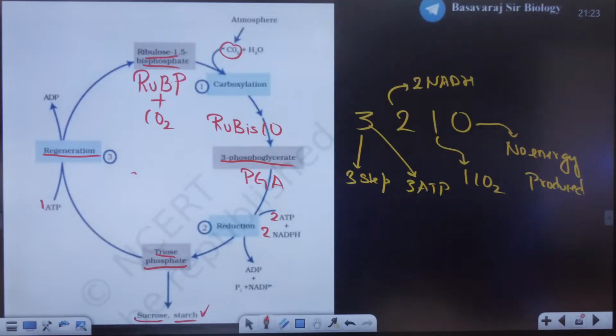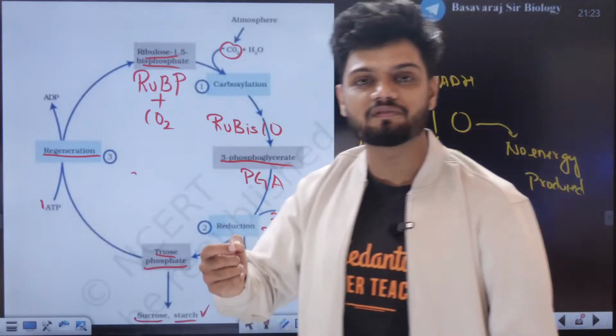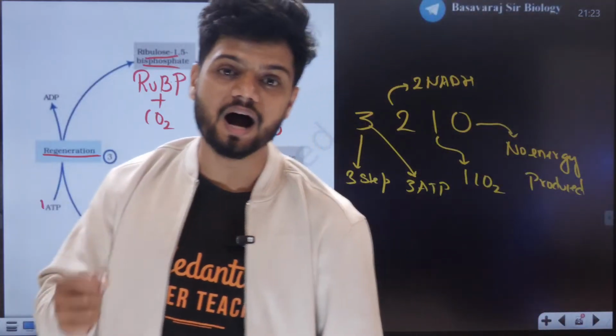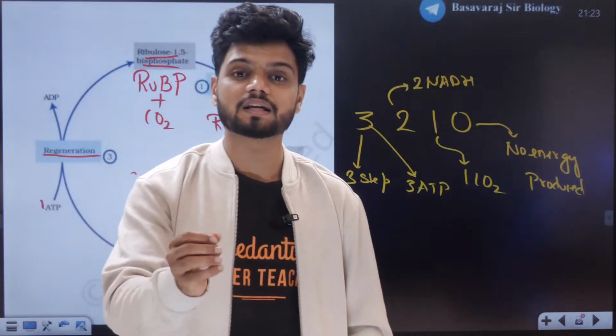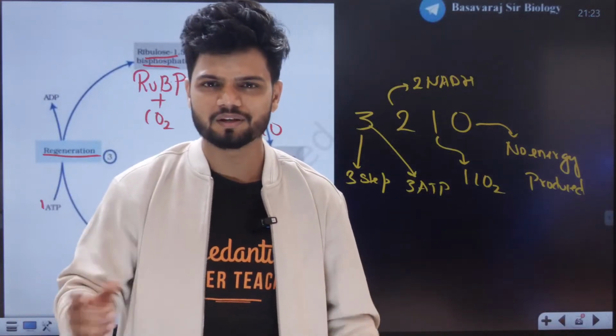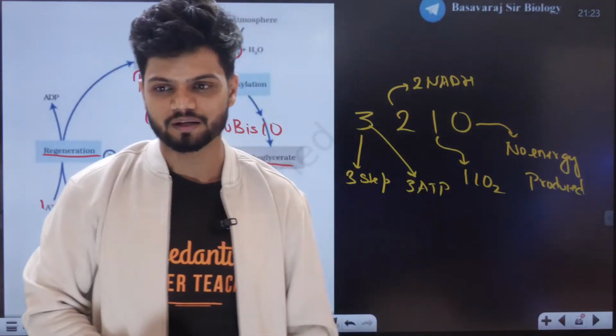That is the 3, 2, 1, 0 method of the C3 cycle, also called the Calvin cycle, also called the PCR cycle, also called the dark reaction.